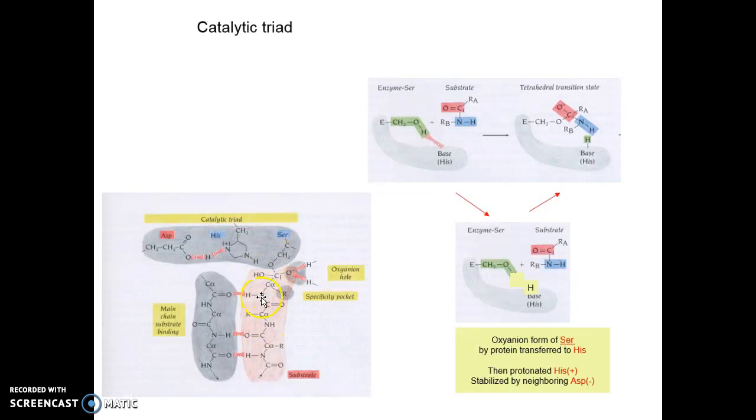To make such a tetrahedral intermediate, in the initial state, you can see the catalytic group serine makes a hydrogen bond with the histidine, but soon the proton is transferred to the histidine so that OH is converted into an oxyanion, a negatively charged oxygen, which could attack the carbon of the carbonyl group in the substrate peptide bond, the red one, forming this kind of tetrahedral state.